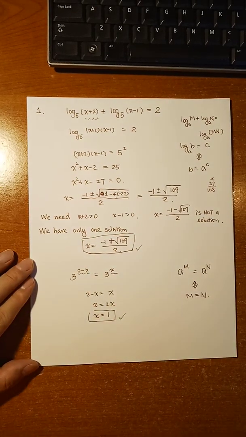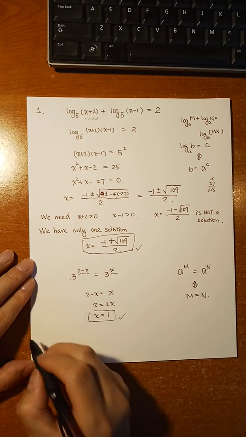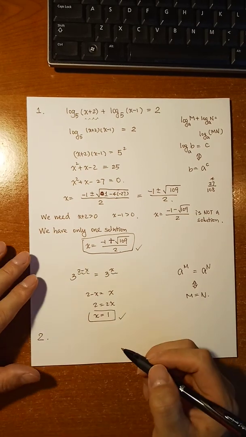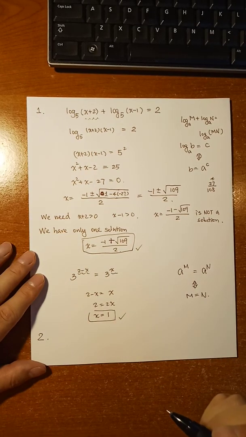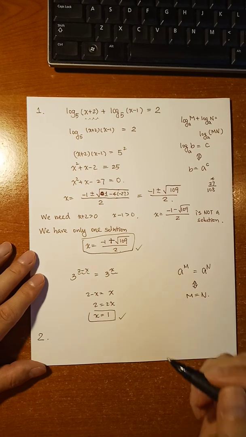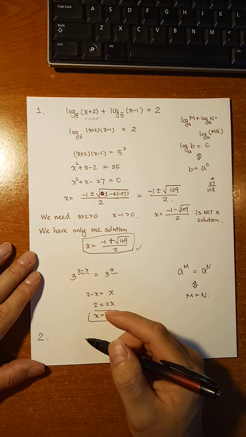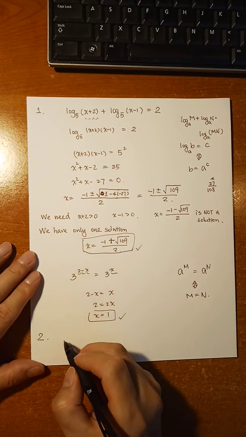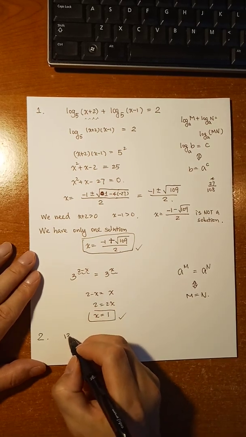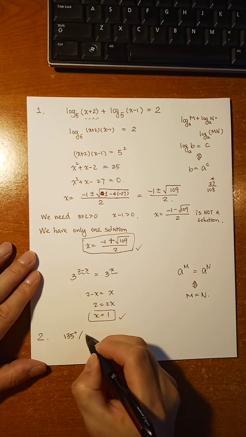All right, so that's problem 1. Problem 2, we have the linear speed equal to the angular speed times the radius. So the angular speed, you check here, it says 135 degrees per second.